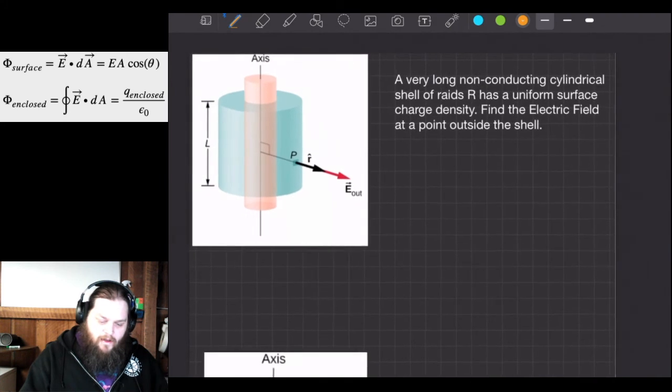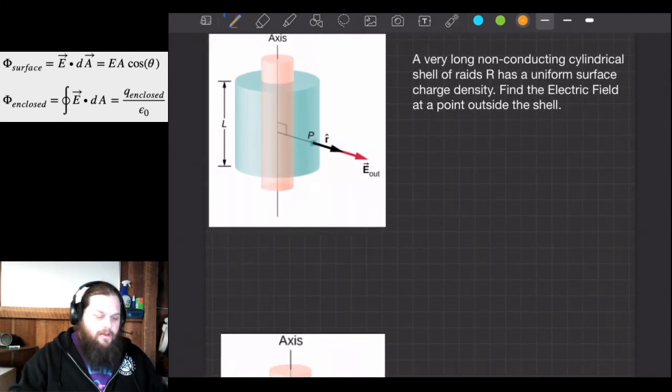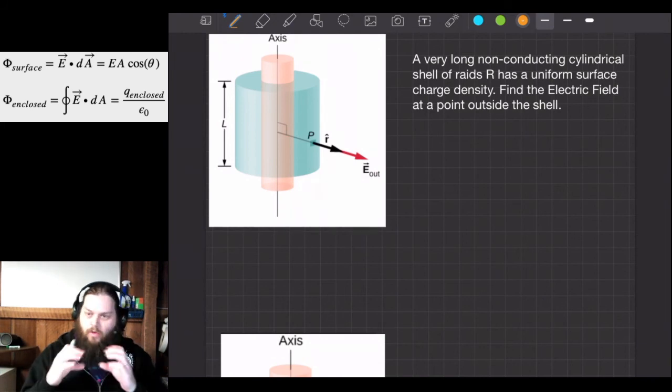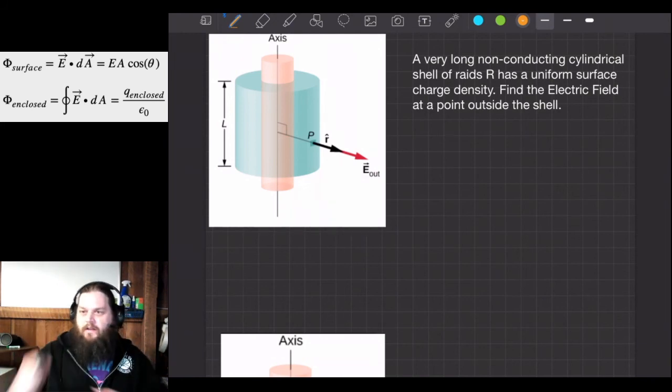So we're going to move on. This is going to be a little bit more complicated now, because now we're looking at a Gaussian surface that is going through a long cylinder, and it's a uniformly non-conducting cylinder.